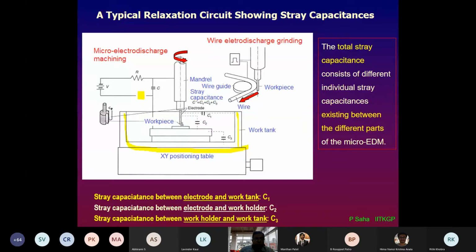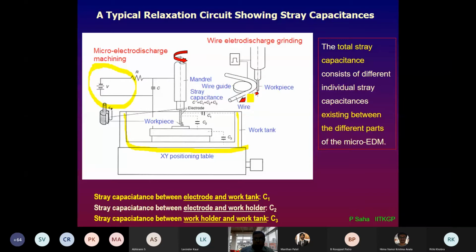This portion is your power supply, which has a charging resistance, and this is the condenser. This is an RC type of pulsating supply. This is the XY positioning center. Similarly, for the Z direction there will also be servo controlled motion. And for making the wire electric discharge grinding, this tool will be brought down to a smaller diameter in steps.